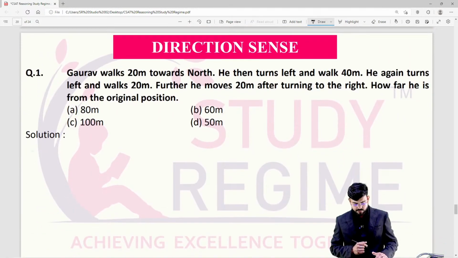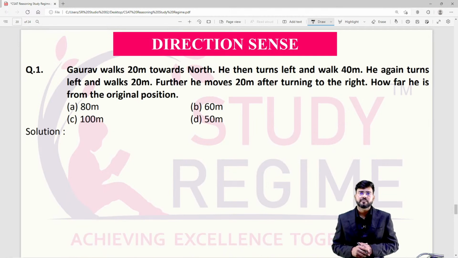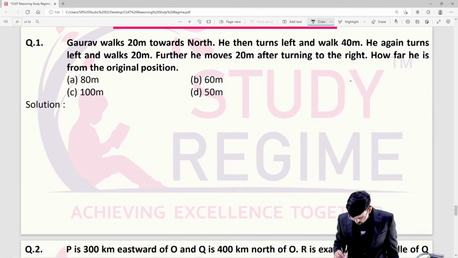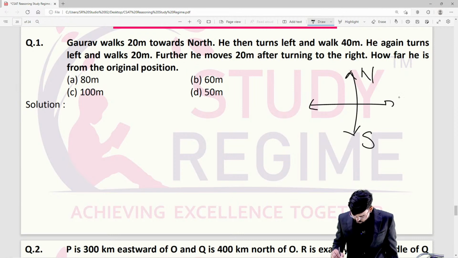So here we have also completed coding and decoding. We first started with the series, there are so many types of series, and then we completed coding and decoding. Now we will go to the direction sense. These are very easy. You should know first where is north, south, east and west.